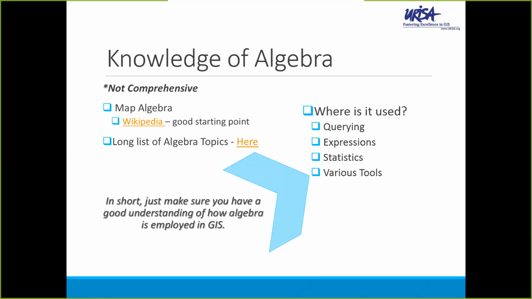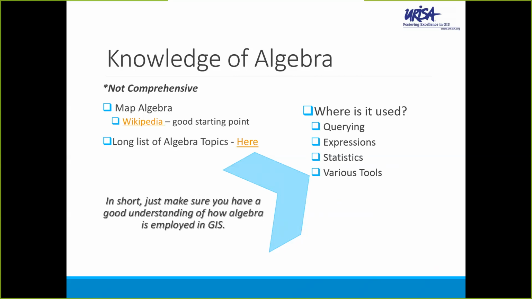All right. You need to have a good understanding of map algebra and where it's used. Not only where it's used, but how. I don't typically use Wikipedia, but it's a good starting point for finding other sources. So there's a link there. There are several types of algebra operations that can be used: arithmetic, statistical, relational, trigonometric, and exponential and logarithmic functions.